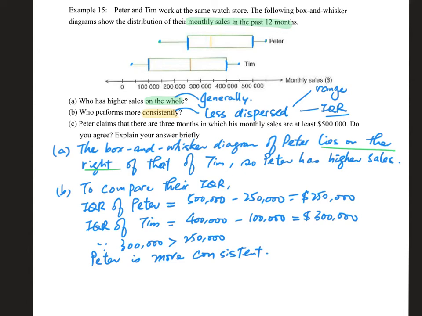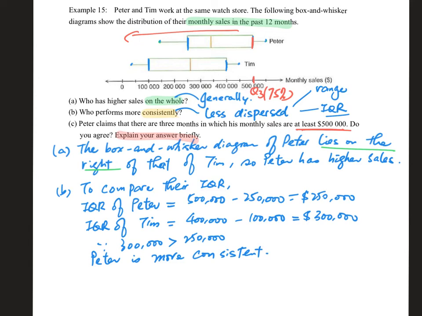The last one will be the hardest one because it's talking about how you explain the answer, yes or no anyway, with the support of numbers, figures, values, etc. Now Peter claims that there are 3 months in which his sales is at least 500,000, so I will check first what that means by 500,000. 500,000 for Peter stands for the Q3, which means 75% of the data will be on the left hand side.